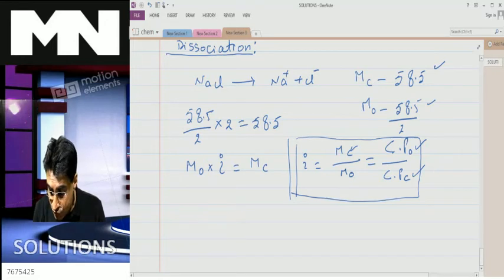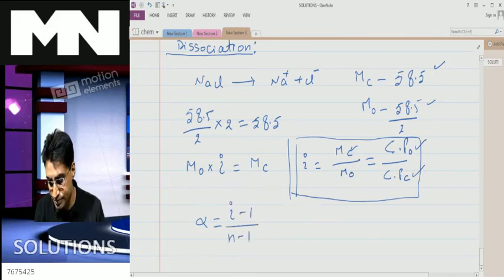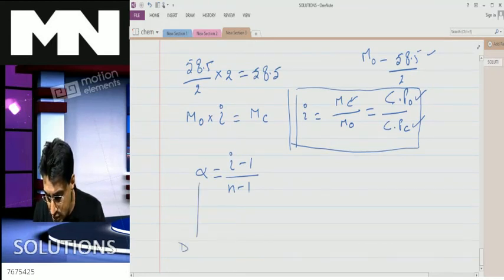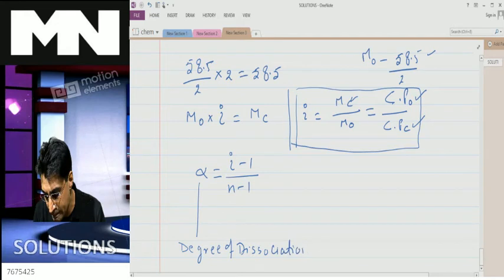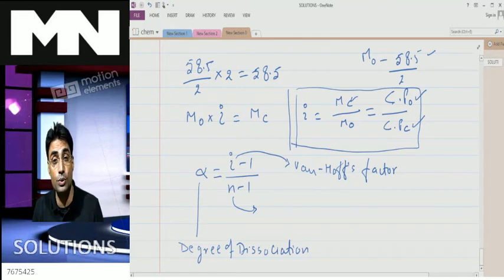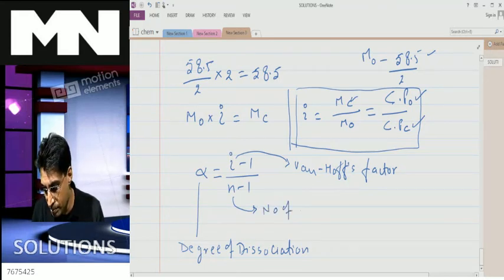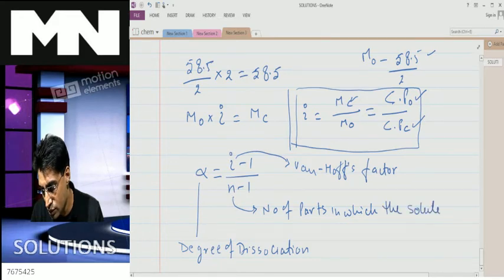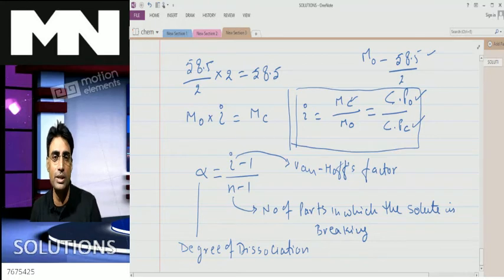I can easily calculate the degree of dissociation, alpha, which is equal to i minus 1 upon n minus 1, where alpha is the degree of dissociation, i, as you very well know, is Van 't Hoff's factor, and n is the number of parts in which the solute is breaking. So this is how you can calculate the degree of dissociation.